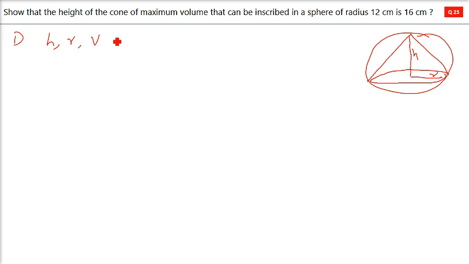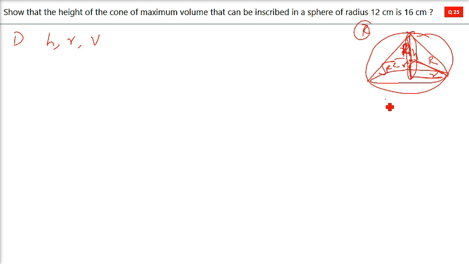Next one will be the volume. How are you going to compute the volume? First of all, if you see the center, I am joining it with the circumference: radius, capital R. So capital R is the radius of the sphere that we have assumed. The first things we have written are the imagined variables of the cone.